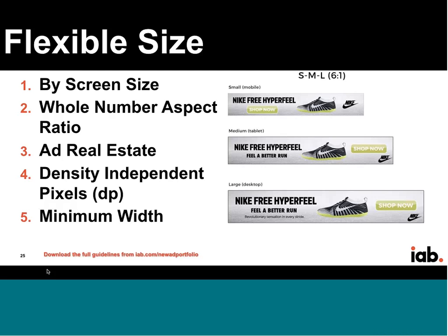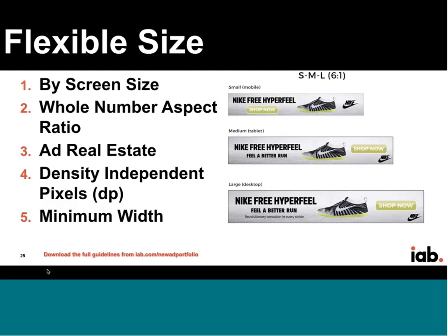And the fourth thing is that these are density independent pixels. So that means that the same ad size will work on a Retina display or other high density phone or tablet display or monitor. They're meant to automatically handle the idea of 3 times the pixels per inch, for example, on different devices.